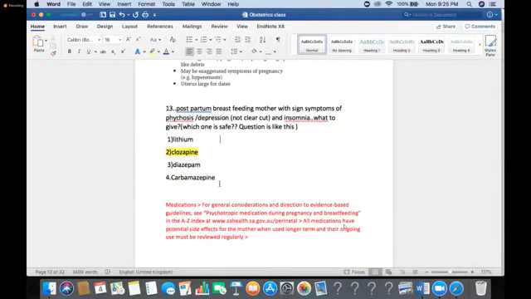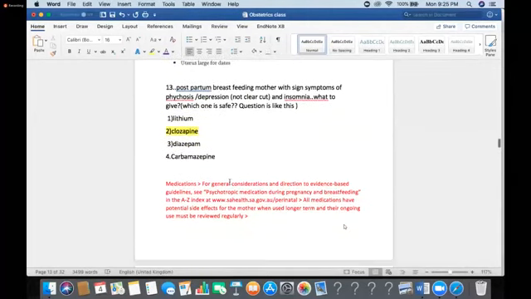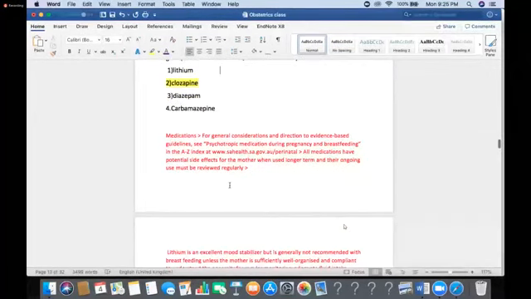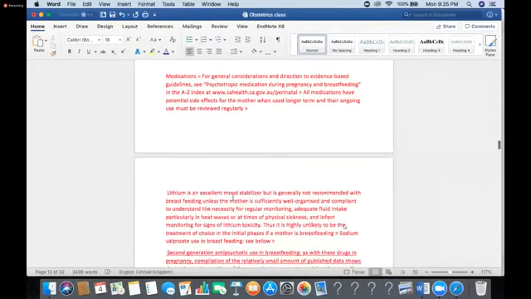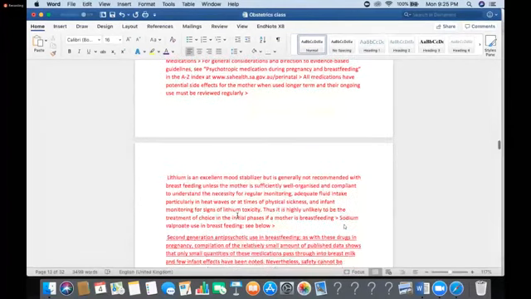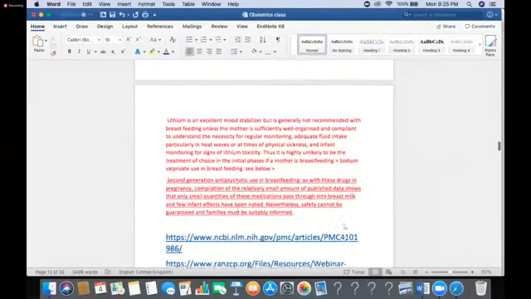So under what classification does clozapine come? Atypical antipsychotics. Yes. Okay. Always remember clozapine in pregnancy.